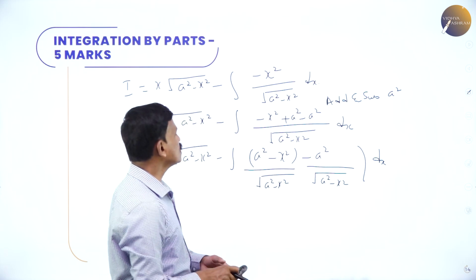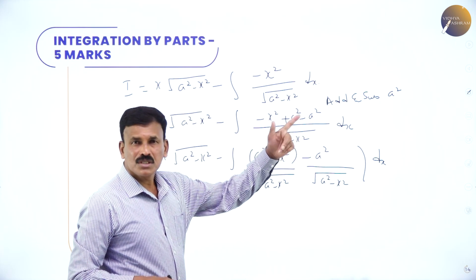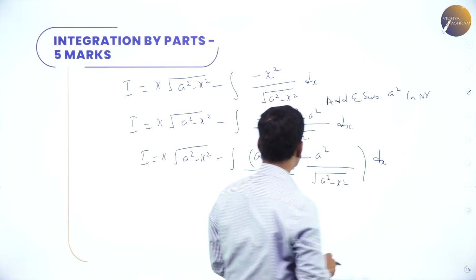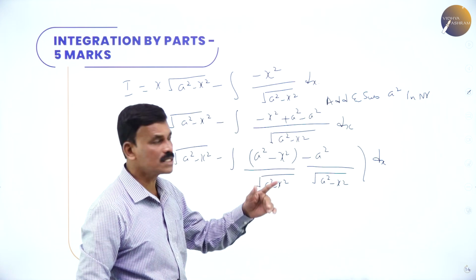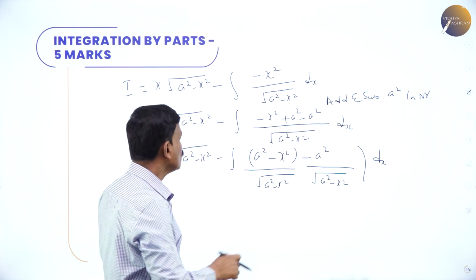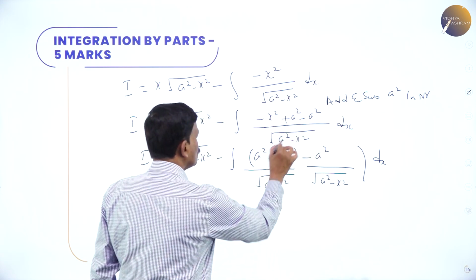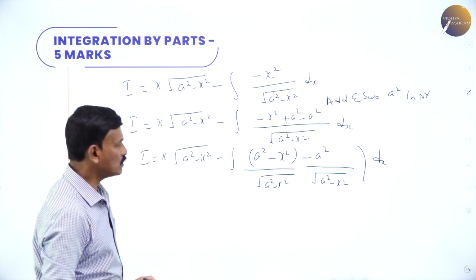Here just add and subtract a square in the numerator only. Then plus a square minus a square gets cancelled. You will get the same step, minus x square. Put it in order, a square minus x square minus a square. So divide term by term, root of a square minus x square.